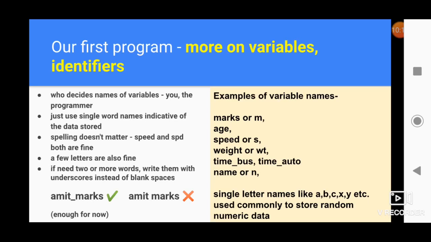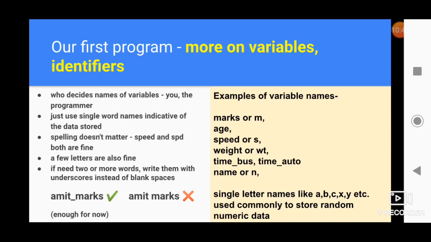Some examples of variable names are shown in the right half. When you have to represent marks in your program, then you can write the variable name marks or just M. There may be a situation when you want to represent the speed of some vehicle in your program, then you can use the variable name speed or just S or SPD, anything you like.